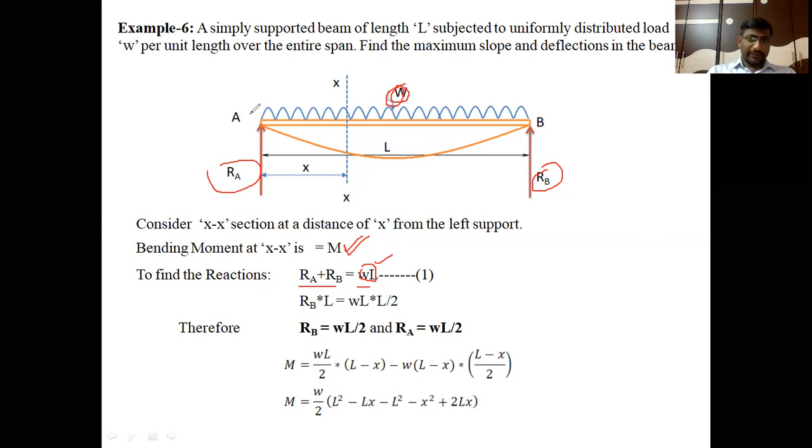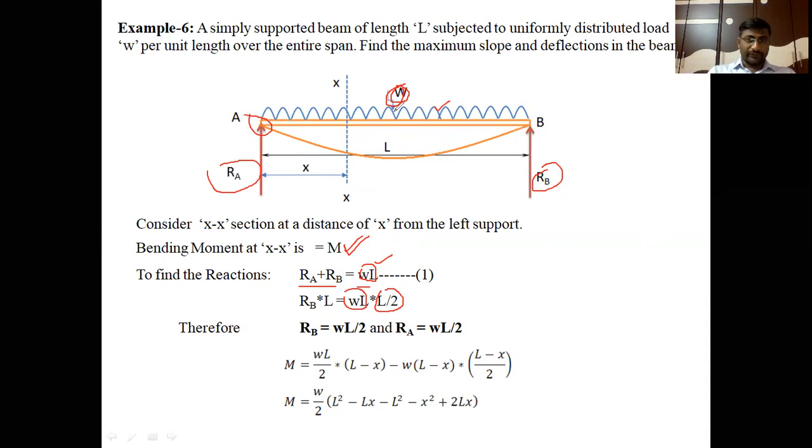And by taking the moment at A, RB into L and w into L into L by 2 is the moment about A for the UDL. RB into L is in anti-clockwise direction, and the clockwise moment is from wL, the load acting on the beam, which is concentrated at the center of the beam, because it is a rectangular load, or UDL is also called a rectangular load.